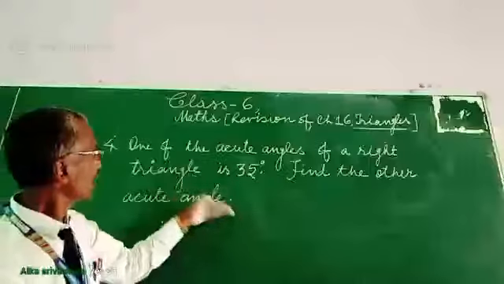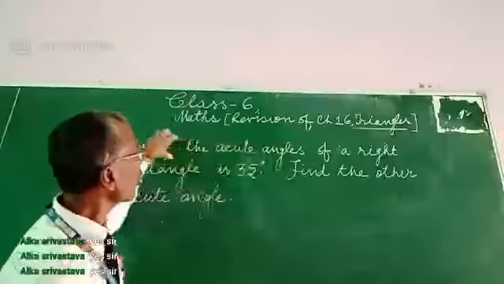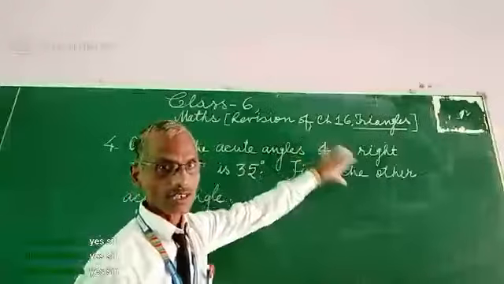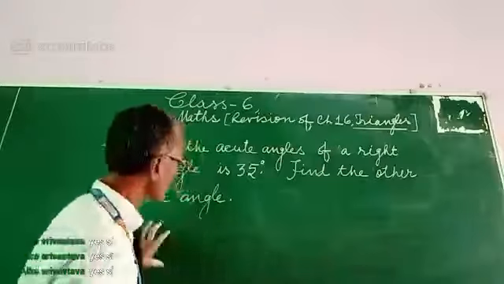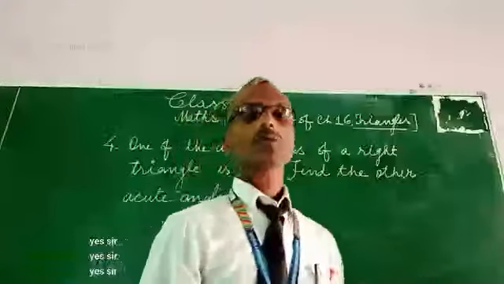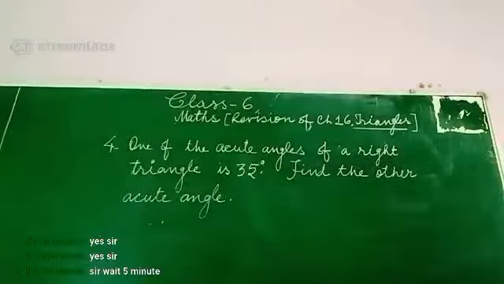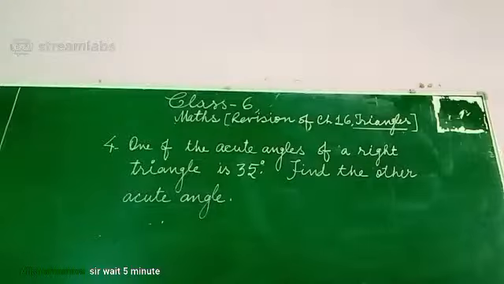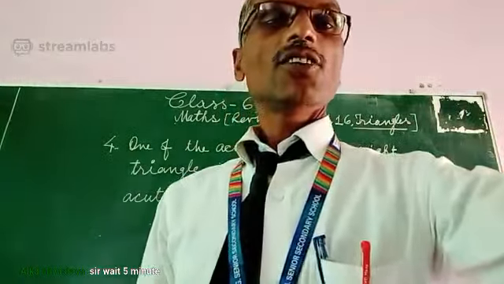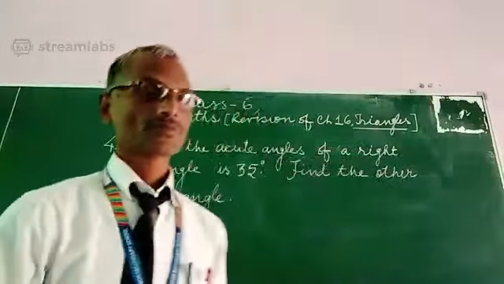We know that in a right angle triangle, the sum of acute angles is 90 degrees. By using that property, please solve it and write. Dear, please solve. Okay, I am waiting. No problem.